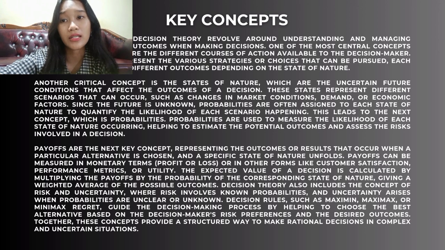When events are independent, the probability of both events occurring together is simply the product of their individual probabilities. In contrast, dependent events are those where the outcome of one event affects the probability of the other. For example, if you draw two cards from a deck without replacement, the probability of drawing a specific card on the second draw depends on the card you drew first.